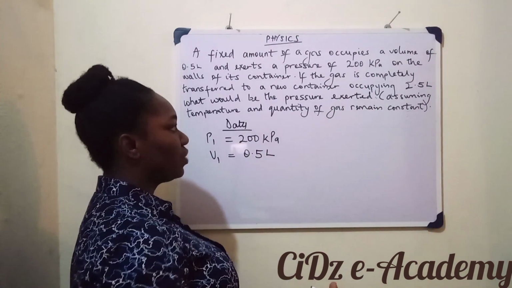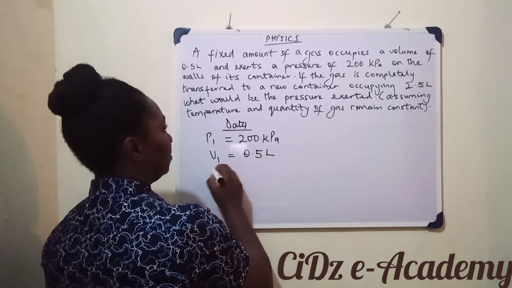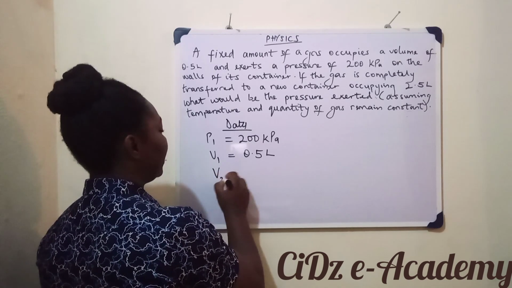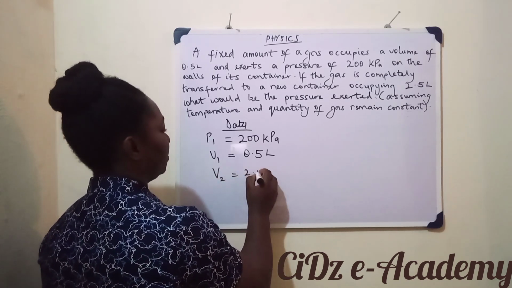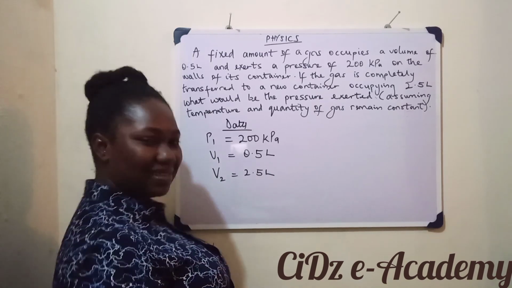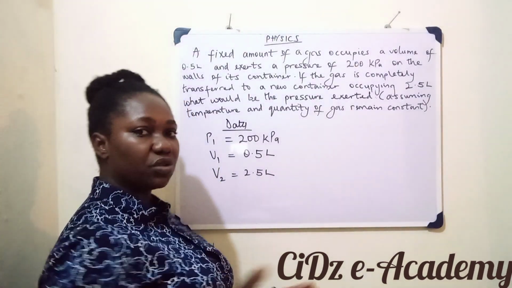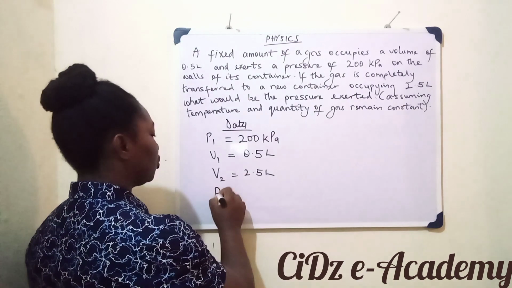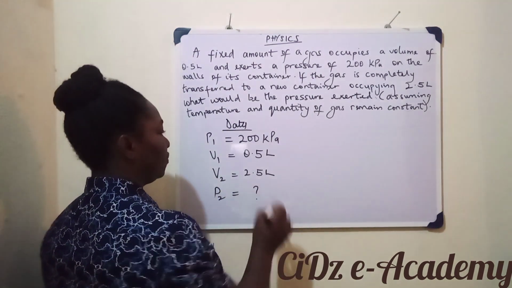When it was transferred to the second container, it occupied 2.5 liters. That means we have a second volume V2 of 2.5 liters, and we are being asked what is the pressure exerted. That means we're looking for a new pressure, which we call P2.